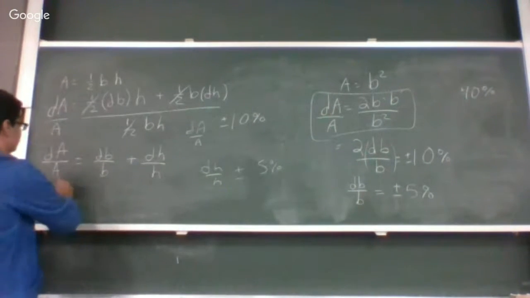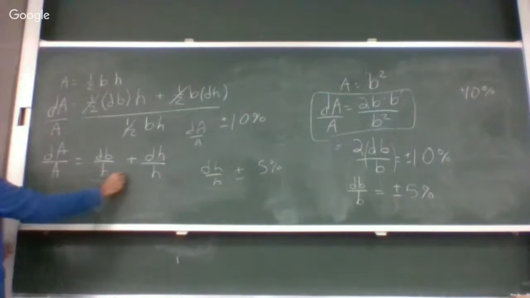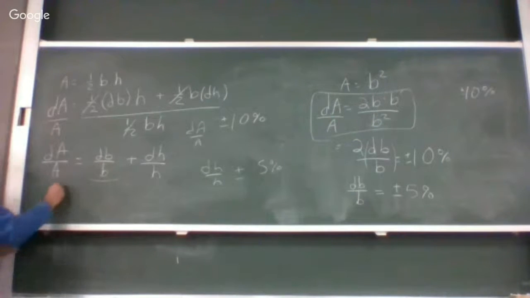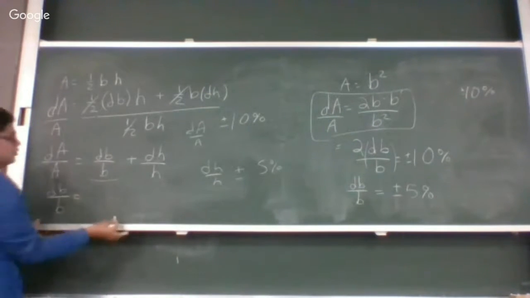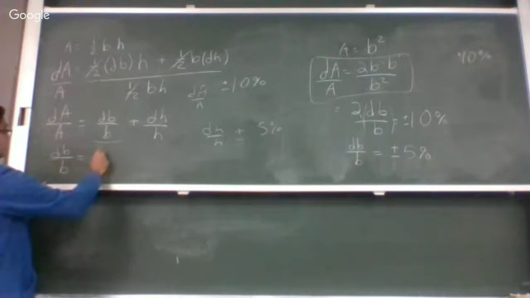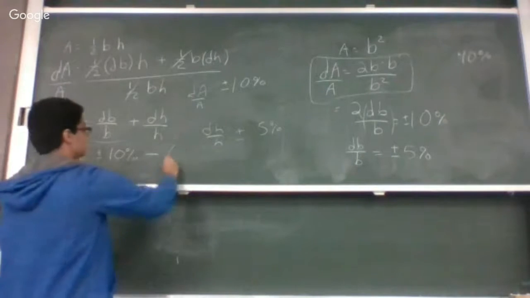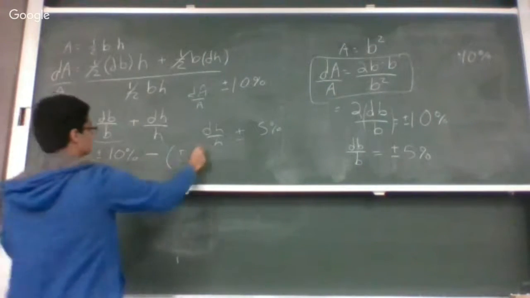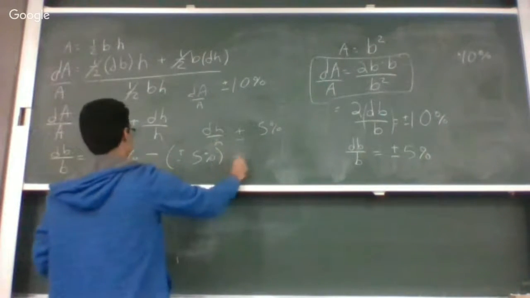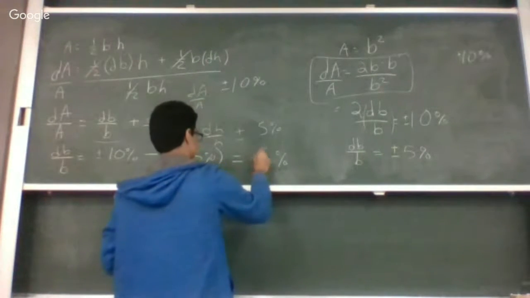So for dB, how accurately would we need to measure dB over B? That's equal to plus or minus 10% minus 5%, and in the end it should be 5%. So you just plug and check.